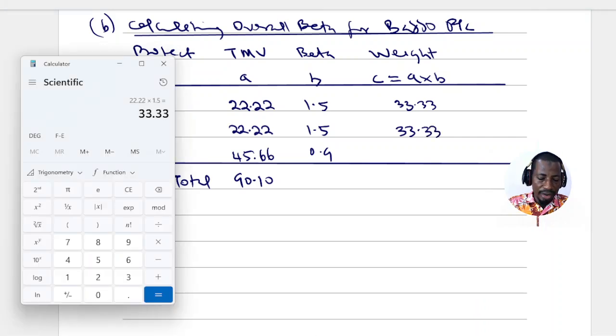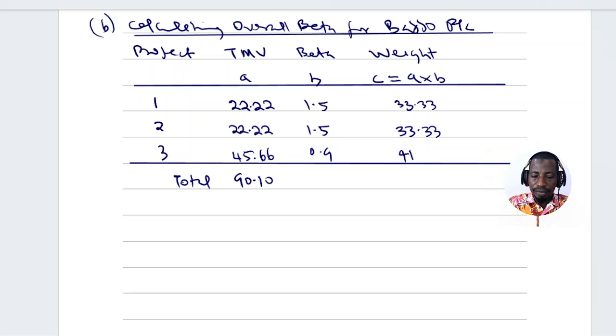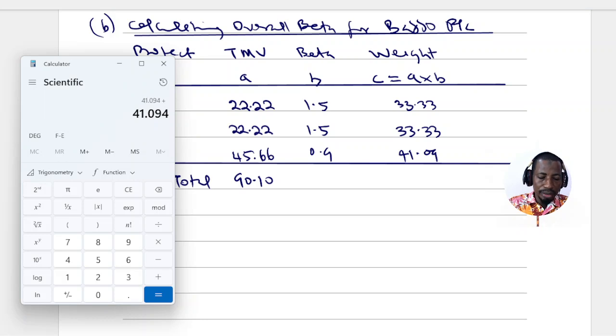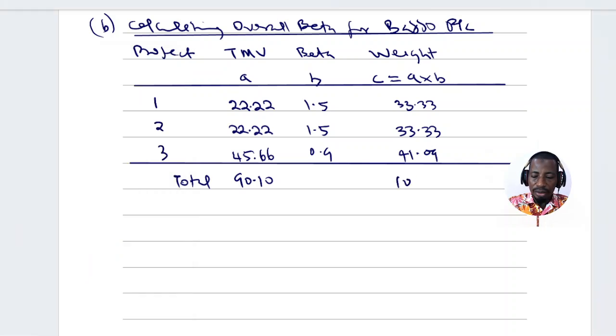Then 45.66 multiplied by 0.9 equals 41.09. So let's add it up. 41.09 plus 33.33 plus 33.33 equals 107.75. Here is 107.75.